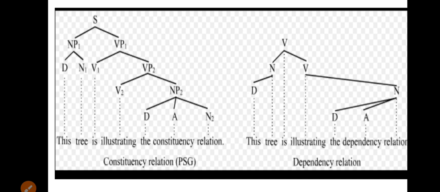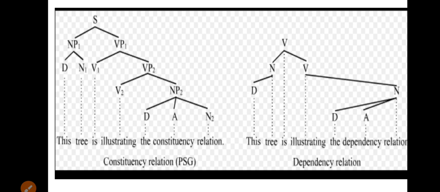This tree is illustrating the constituency relation. Okay, and this tree is illustrating the dependency relation. This is the constituency relation and this is the dependency relation. I will tell you later on, but let us understand. Subject, noun phrase 1, verb phrase 1.